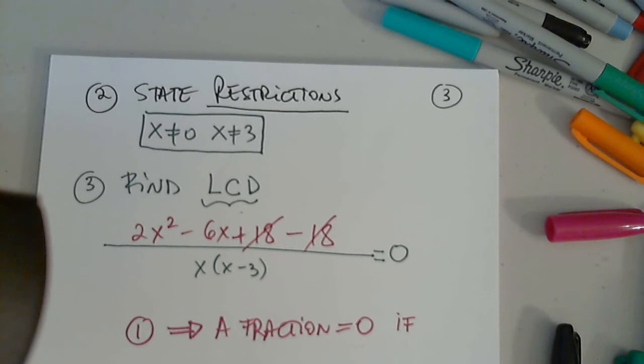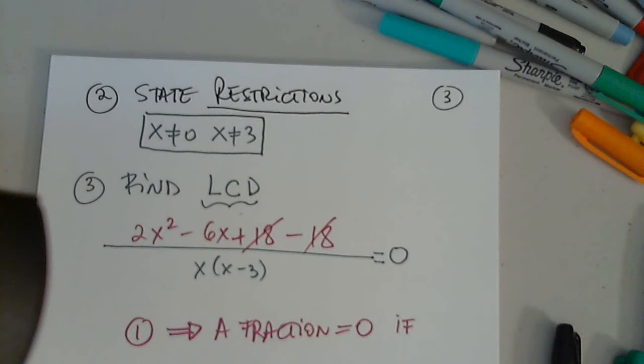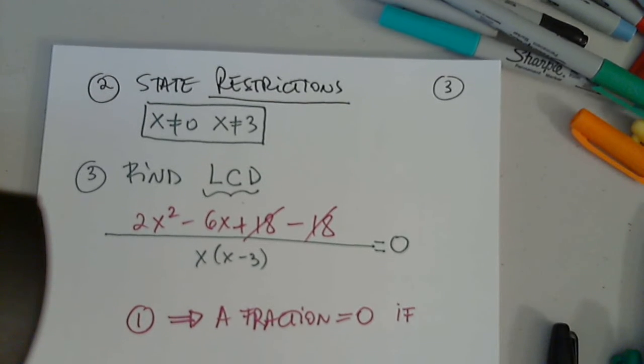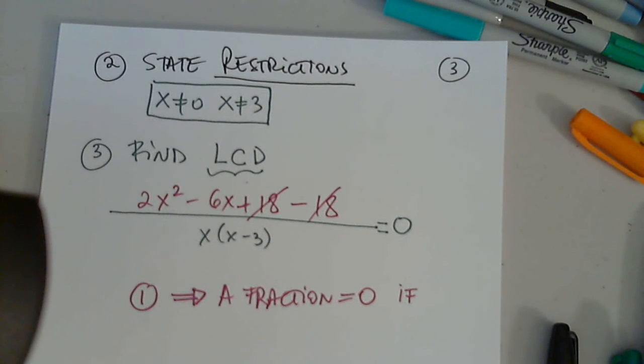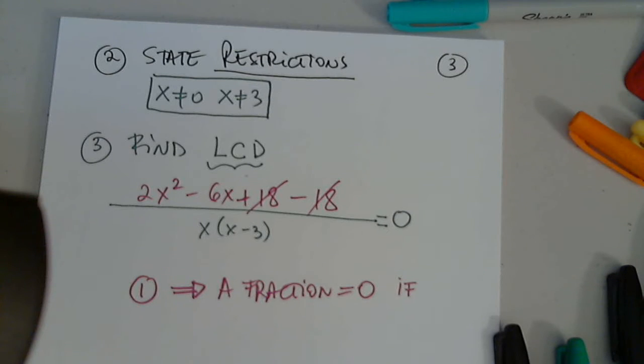Okay, so can Noor tell us? A fraction is 0 if? Noor, are you there? Can you hear me? Yes, now we can. To make it 0. So a fraction is 0 when? I know when it's 1. I don't know when it's 0.